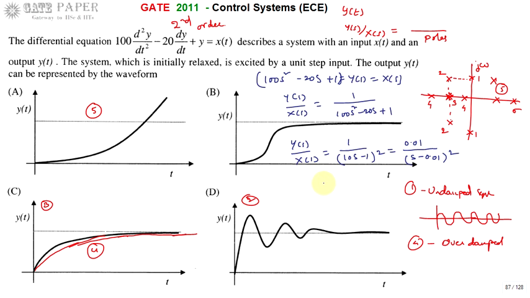So there are two poles on the right half of the s plane, a double pole at 0.01. Two poles are at the same location, but on the right half of the s plane. So the system is unstable and the output increases exponentially.